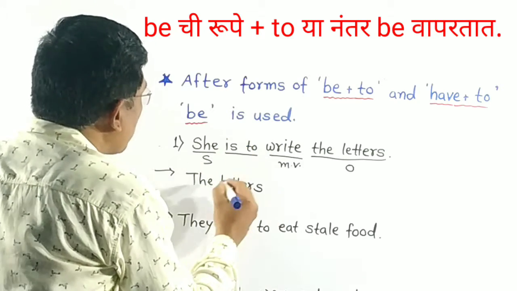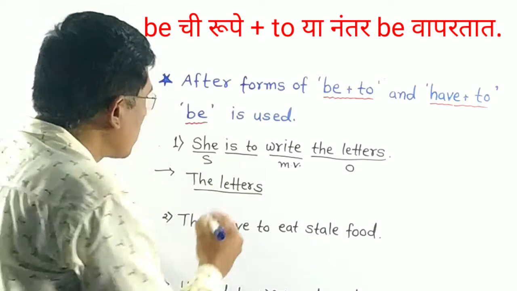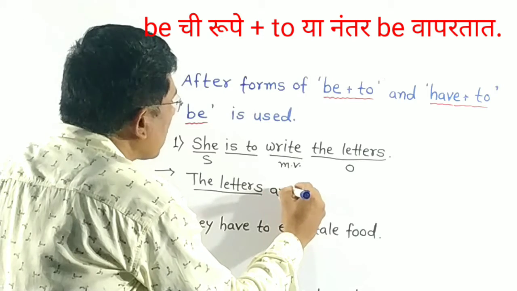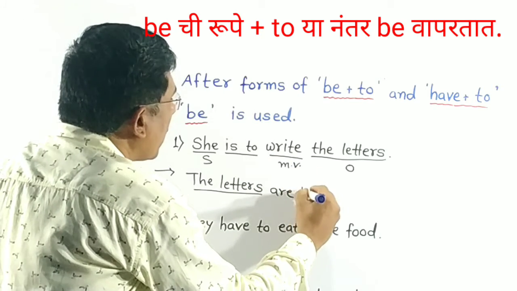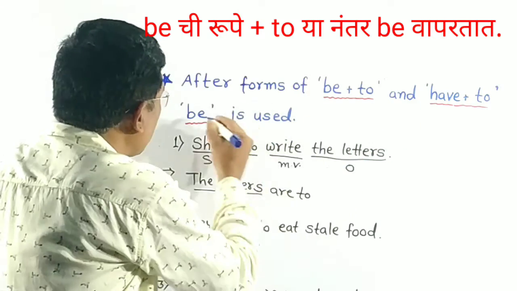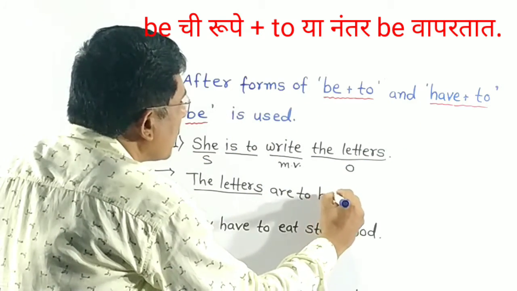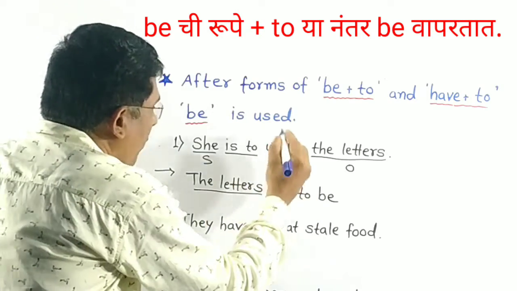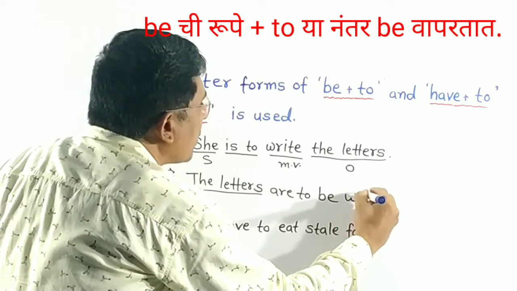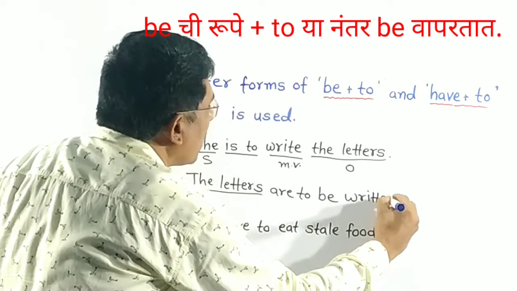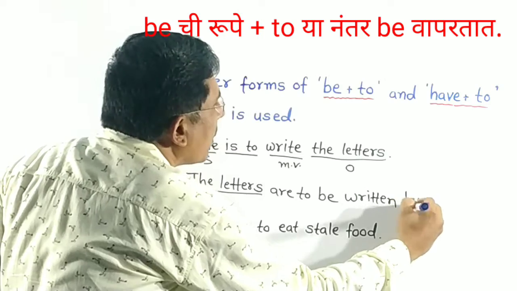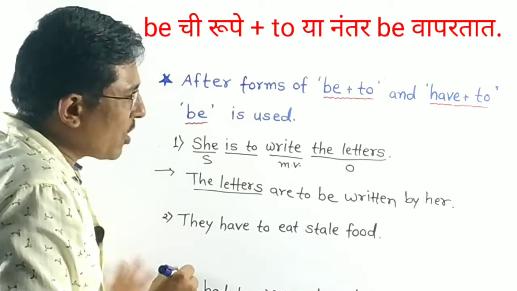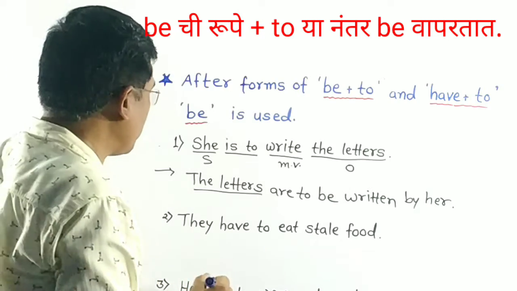See here is, but the letters is plural word. So take appropriate form of be. The letters are to be, past participle form of main verb, written, by. She becomes her. The letters are to be written by her.